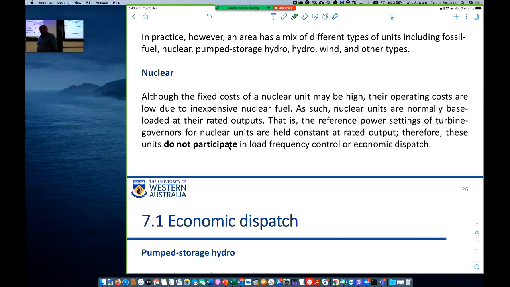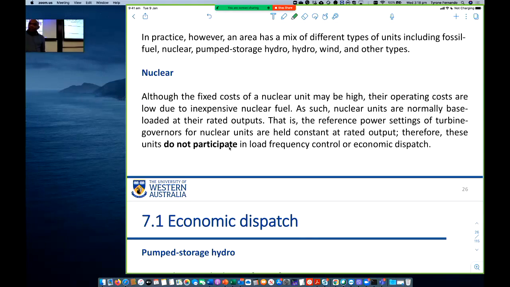To participate in load frequency control, a unit needs to adjust its power output, because when the demand is low, generation needs to be reduced. When the demand is high, generation needs to be increased. If you don't adjust the generation based on the load, then the frequency can change.